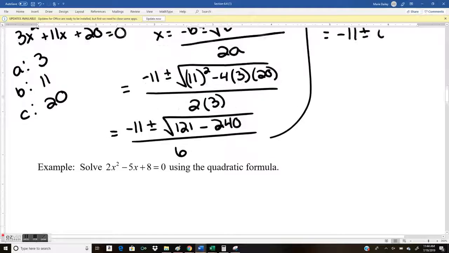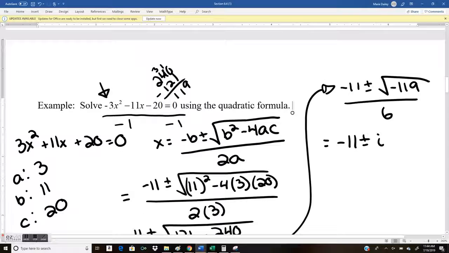It's not divisible by 2 or 3. I think we're good. So that's going to be i square root of 119 all over 6. So we still have our two solutions of negative 11 plus i square root of 119 all over 6, and negative 11 minus i square root of 119 all over 6.